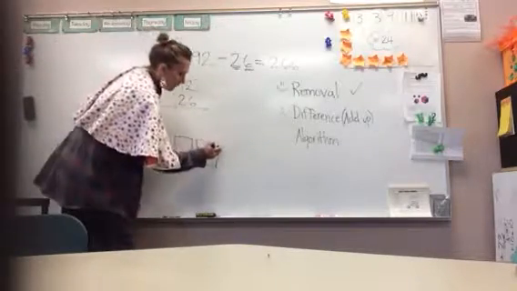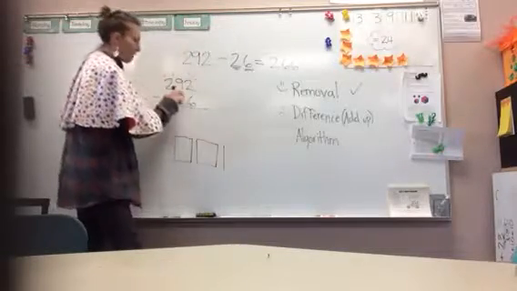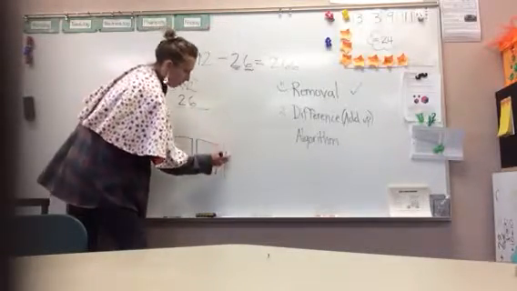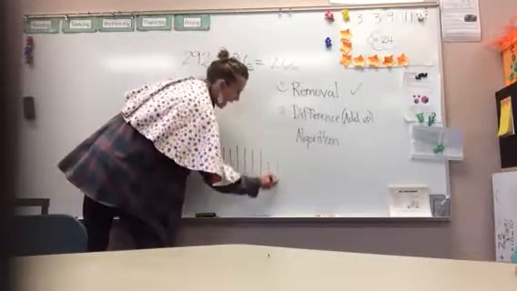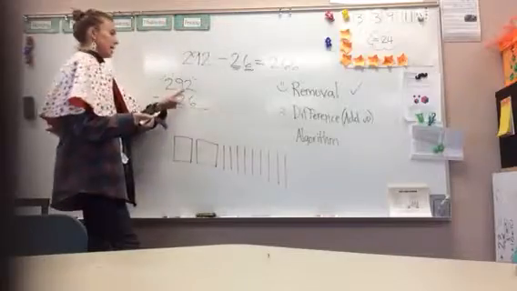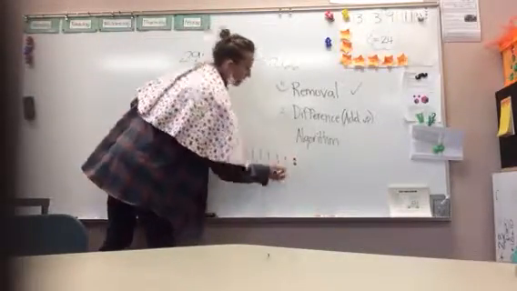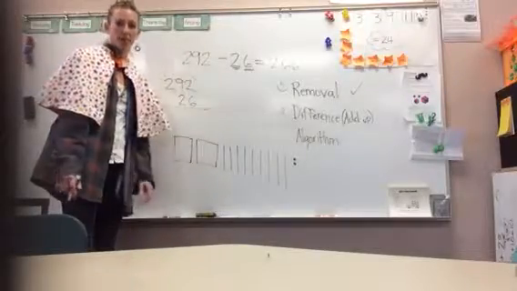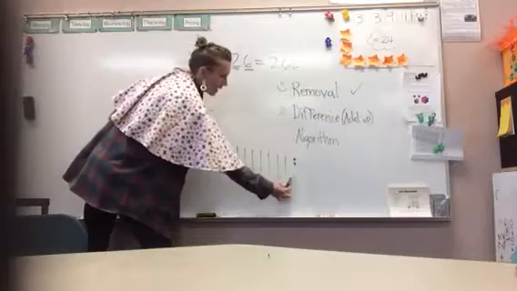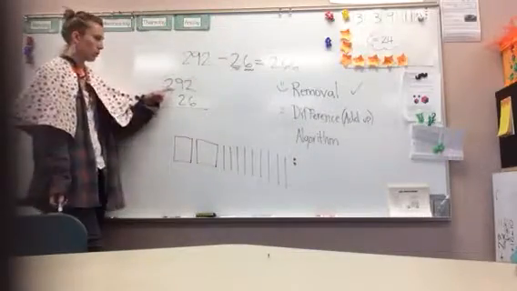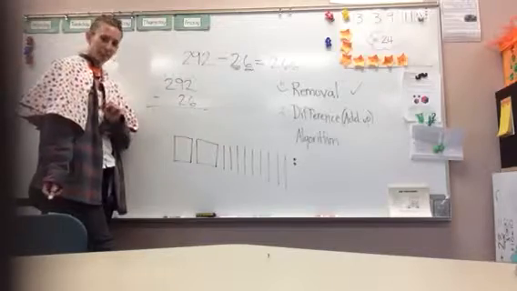Then 90, so I have those 10 strips, and I have 9 of them: 10, 20, 30, 40, 50, 60, 70, 80, 90, and then 2. I'm just going to put 2 dots for the ones, okay? So the number I just drew was 292. And now we need to take away 26 from it.